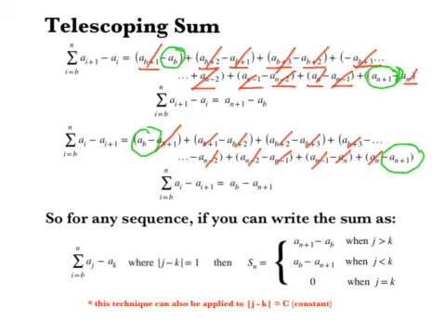Then, in the case we're typically looking at, where we have a sub i plus 1 minus a sub i, or j in our notation here, j is greater than k, we have just what we found up here.